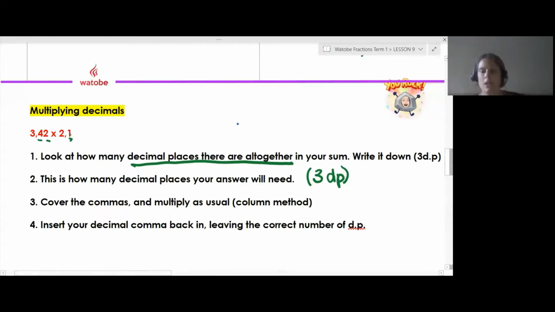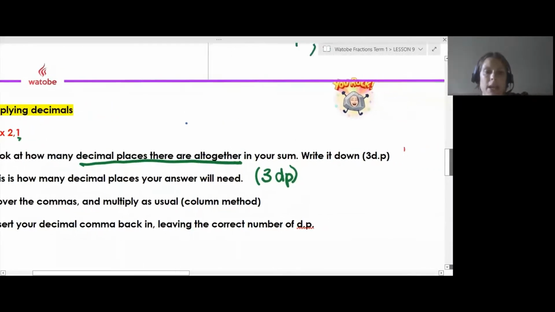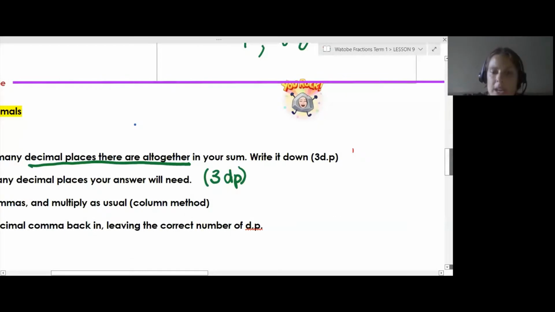Okay, now my next step, I'm going to throw the commas away. I'm going to chuck those commas away and go, cheerio, don't need you for now. And I'm going to multiply the way I normally multiply. Okay, so I'm going to say 342, oh, I've forgotten the sum.